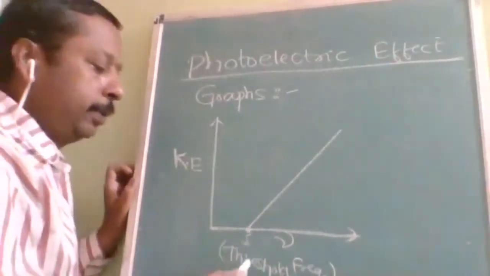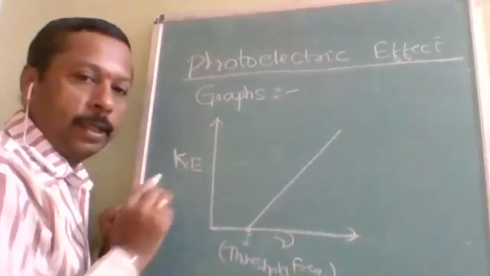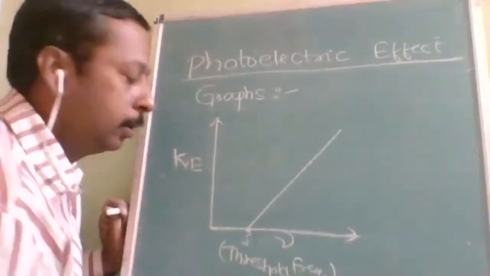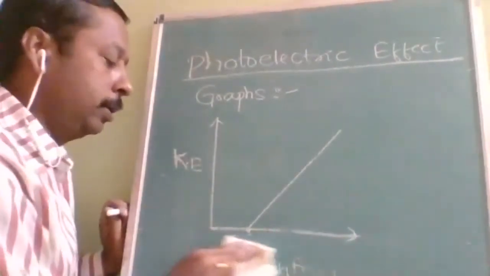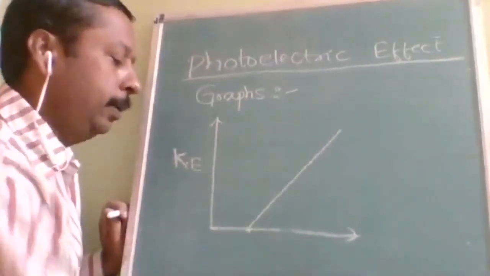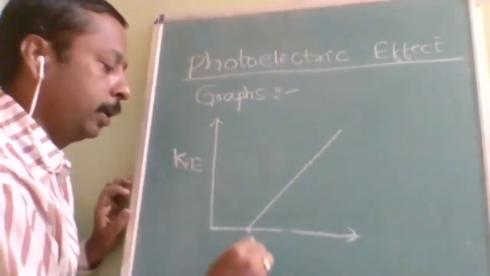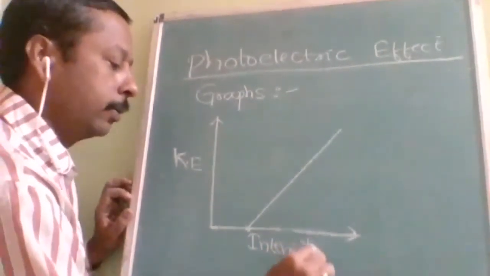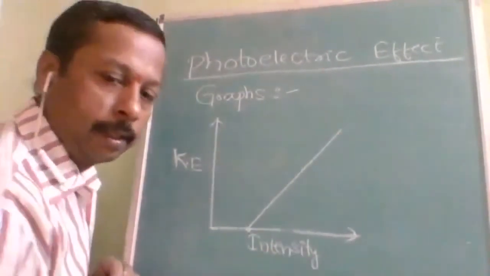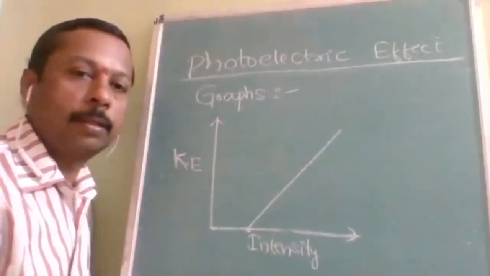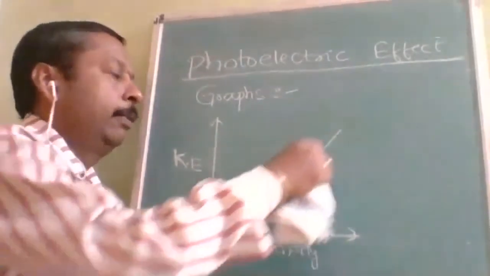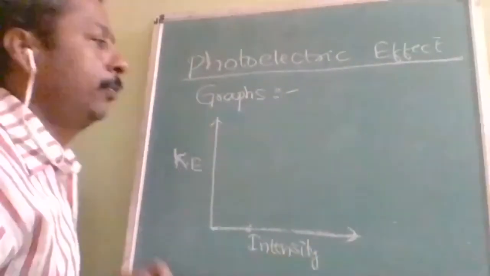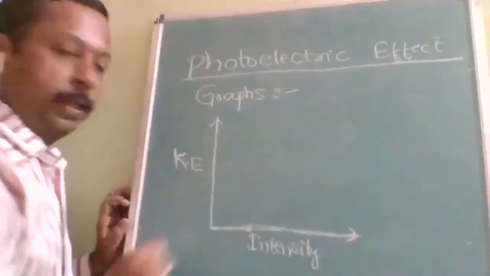The second graph is between the threshold frequency and kinetic energy. Now here I am going to change the intensity. Third graph, what am I going to change? Intensity. Just now I told you before, actually you may not know the intensity.